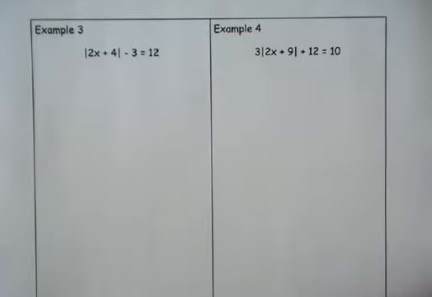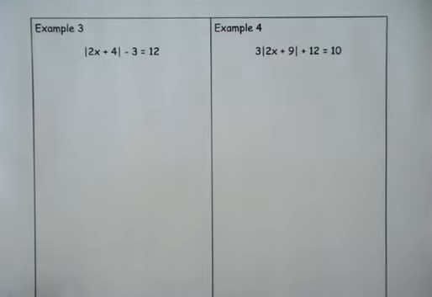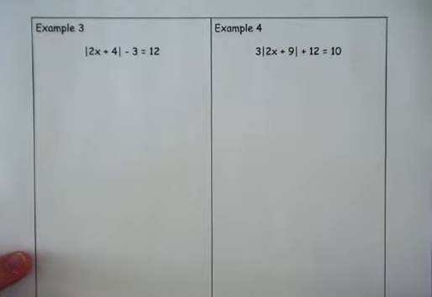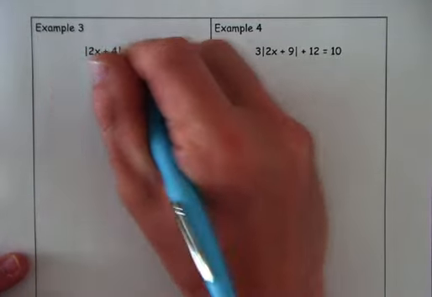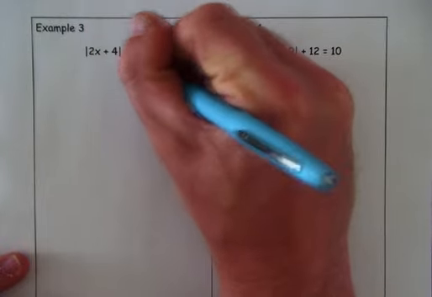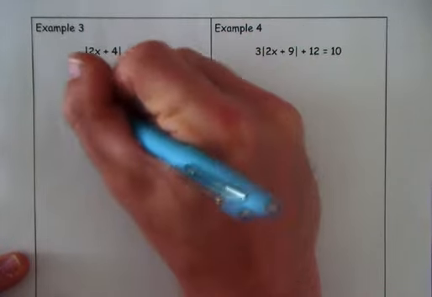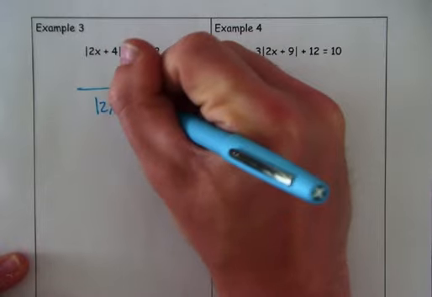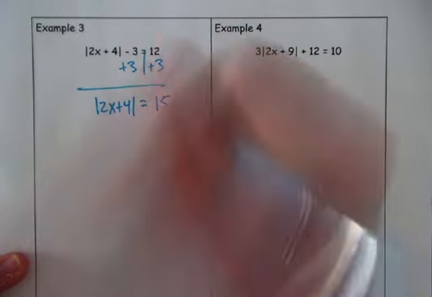Let's look at example 3 on the second page. Here we have the absolute value of 2x plus 4, minus 3 equals 12. Remember, the first step is to solve for the absolute value symbol. To do that, we're going to add 3 to both sides. We get absolute value of 2x plus 4 equals 12 plus 3, or 15.